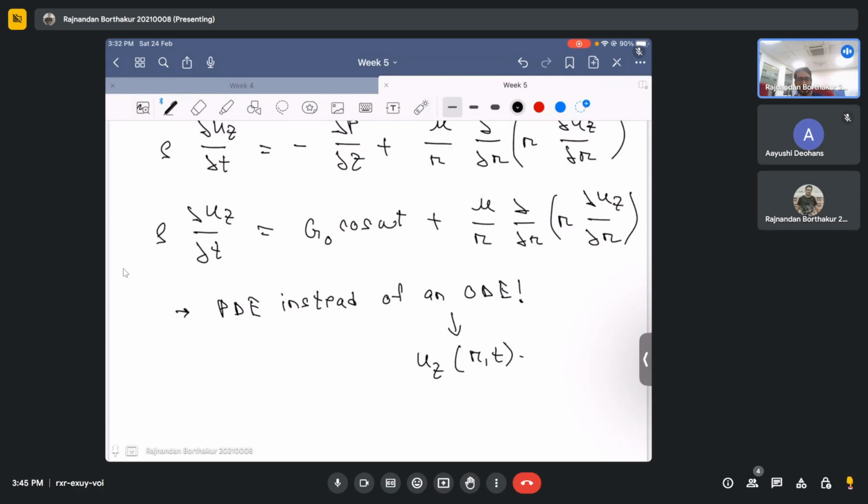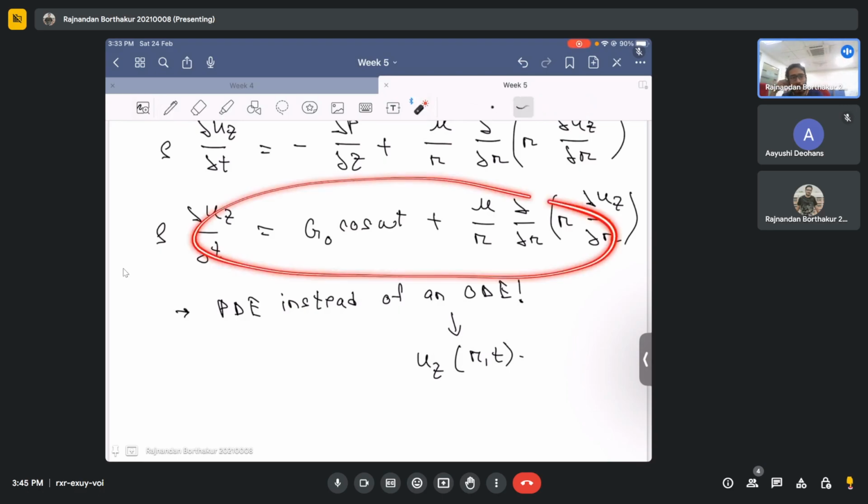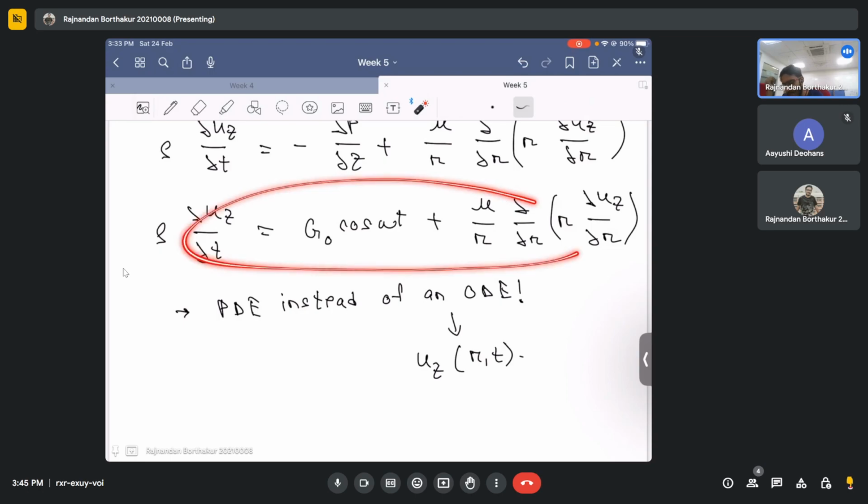But the essence is that since this is not an ODE, it eventually leads to solving for a variable uz, which is a function of both r and time. But as we will see, whatever PDE technique you use to solve a partial differential equation, it always boils down to solving an ODE only, as we will also see here. So we will invoke certain forms of this solution into this governing equation, and our main objective is to transform this PDE into an ODE.